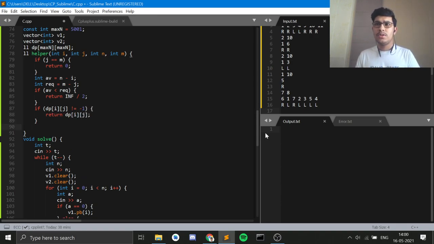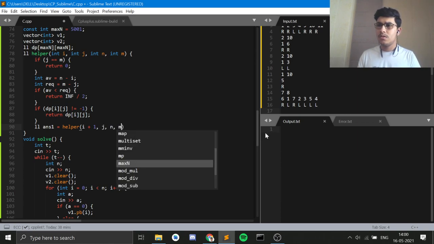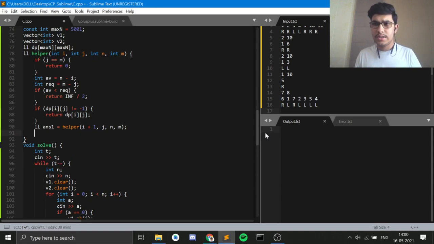Okay, so now there are two things. Here I'm not using any unoccupied chairs, and in answer 2 equals v1 at i minus v2 at j.